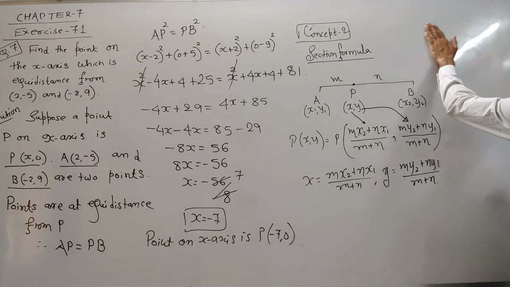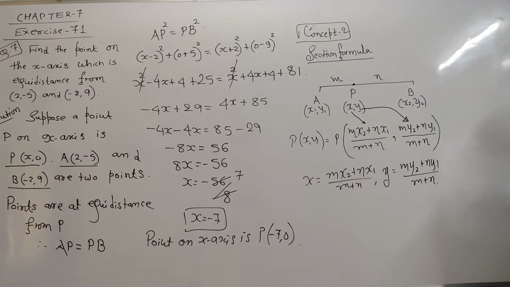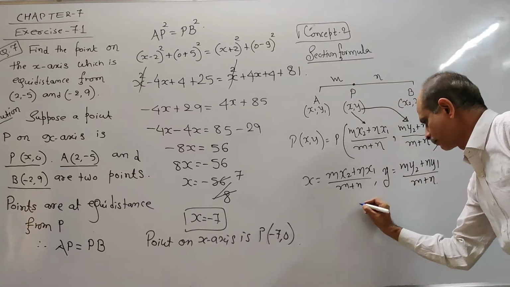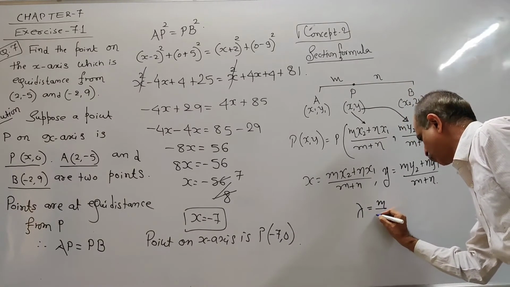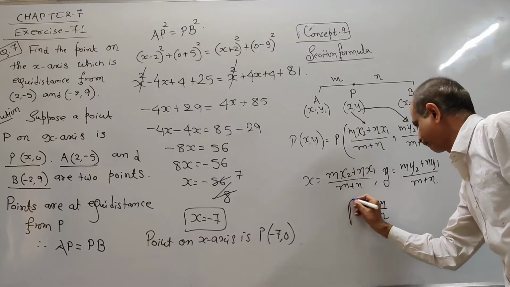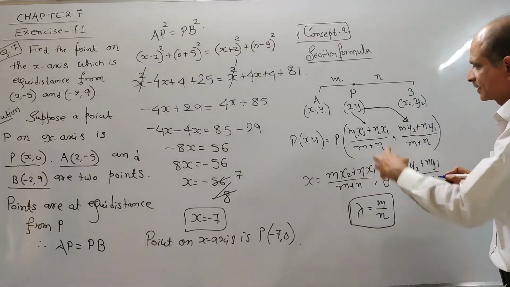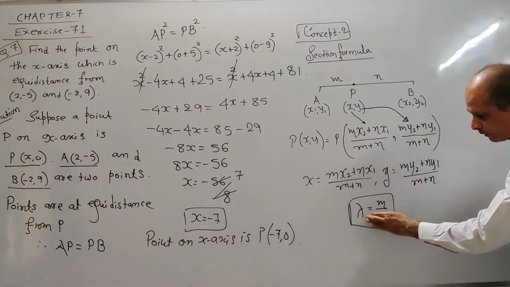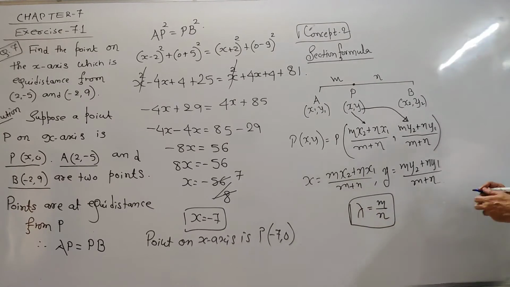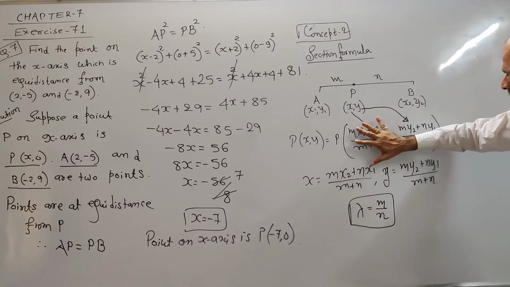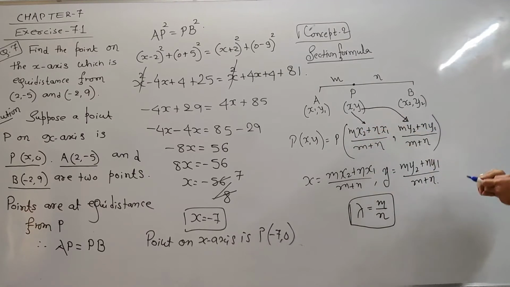You can also write the section formula using one symbol, lambda, where lambda is equal to m by n. So how to write the section formula in the form of lambda? Let me divide this formula by n.